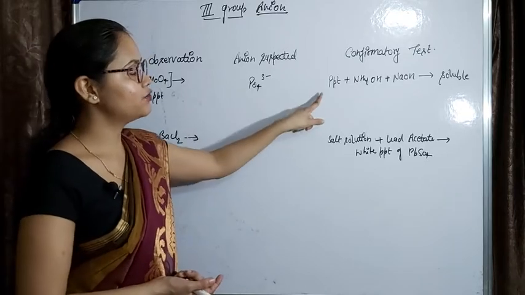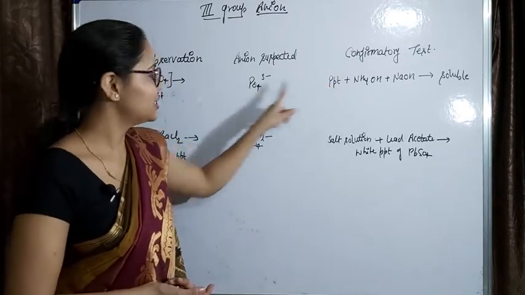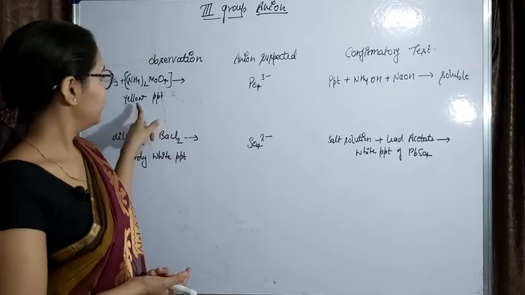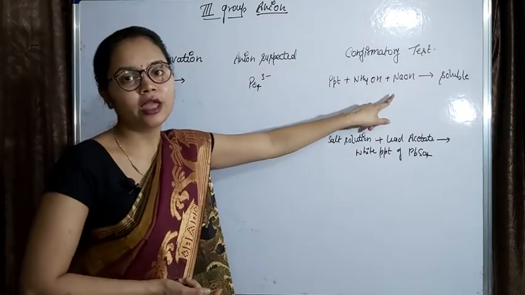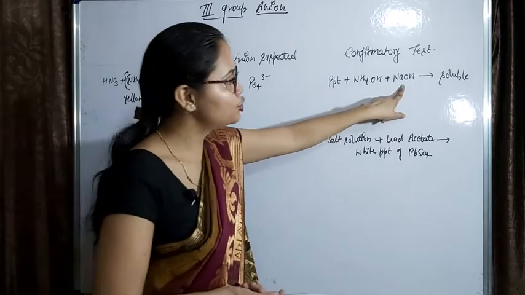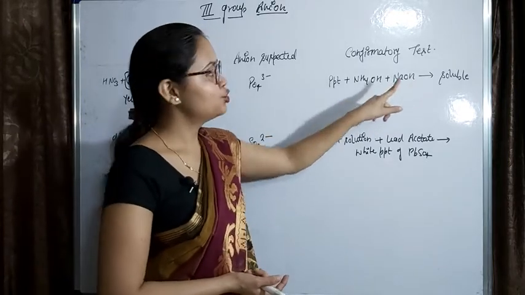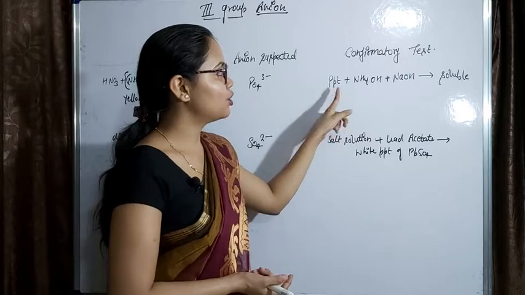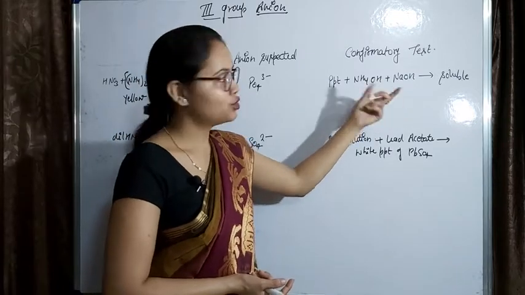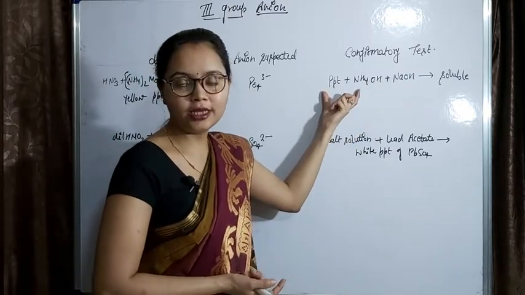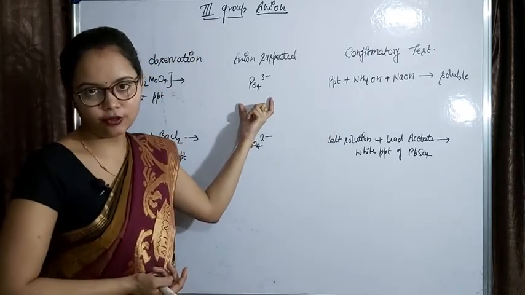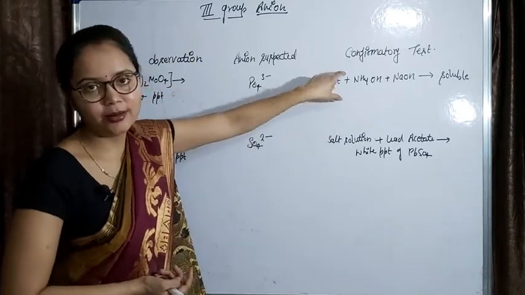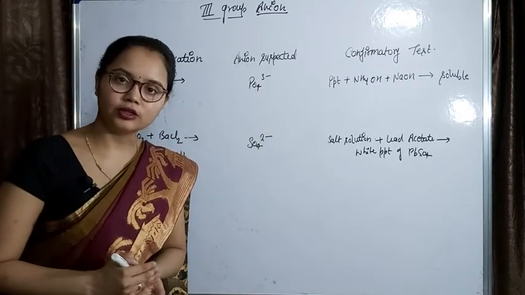For the other test, we will take this yellow PPT and then we will add ammonium hydroxide and then sodium hydroxide. If this PPT dissolves in these chemicals, this dissolution of PPT shows the confirmation of phosphate ion. So by doing this experiment we confirm the presence of phosphate ion.